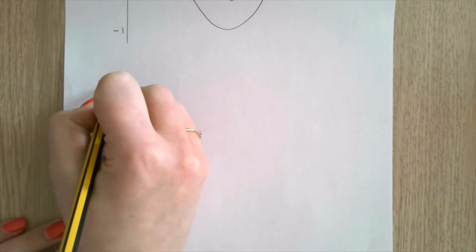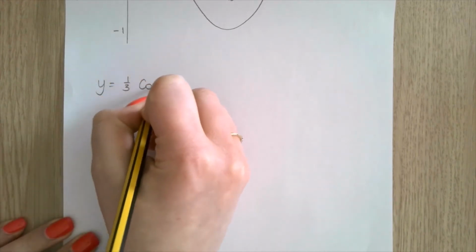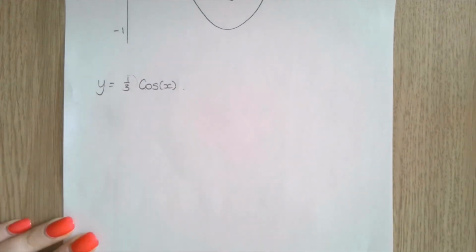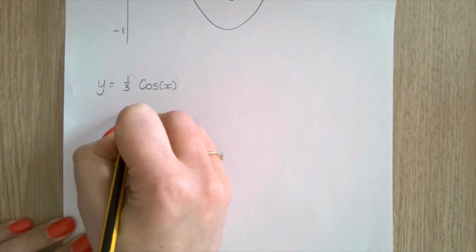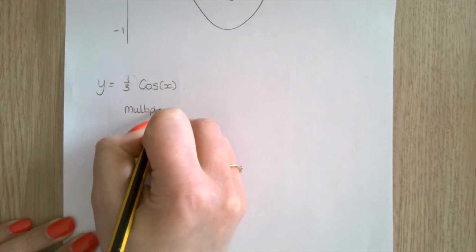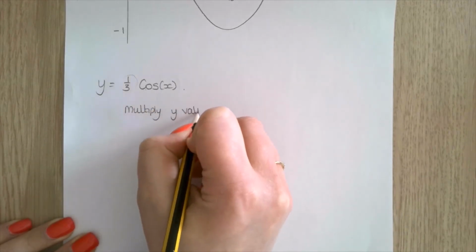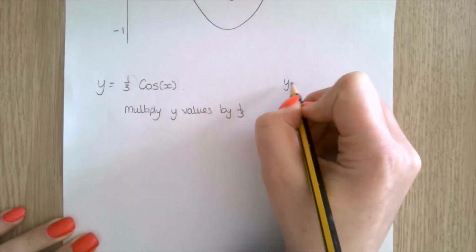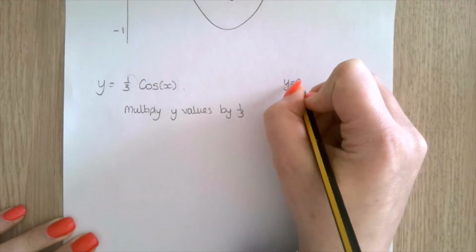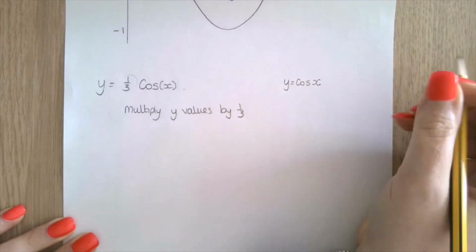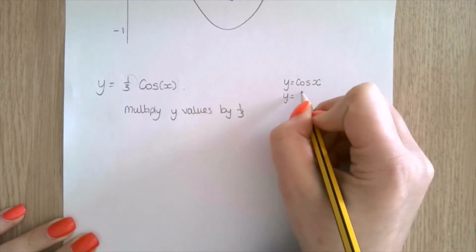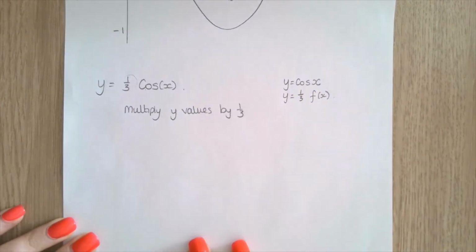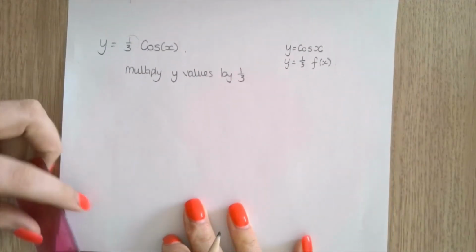Next one, y equals 1/3 cos of x. Again, the number is in front of the function, so I'm going to multiply my y values by 1/3, because if y equals f of x is cos x, I now have y equals 1/3 f of x.